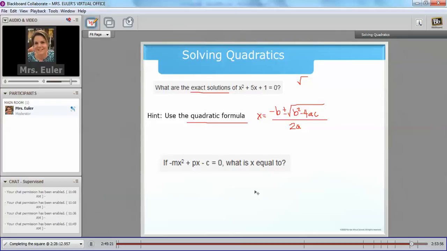The x equals negative b over 2a is there. This is your vertex that we've been using a lot of. But this plus or minus square root over here, this is going to help us to solve the equation. So we need to know what a, b, and c is in this equation.